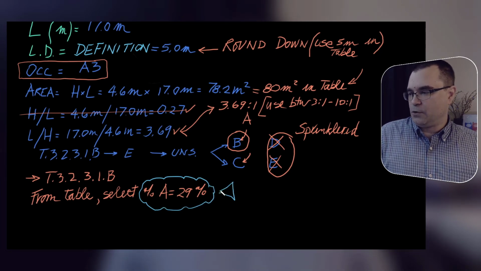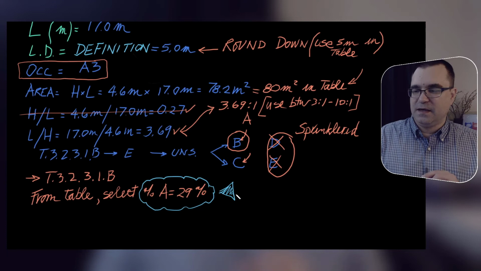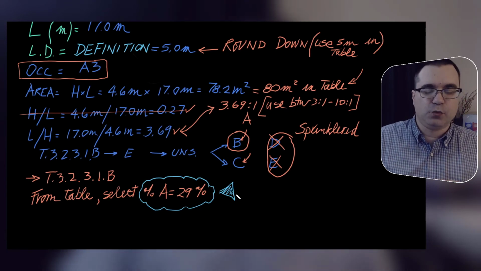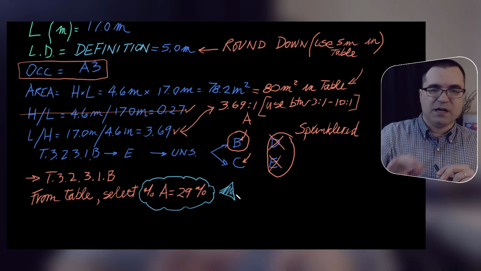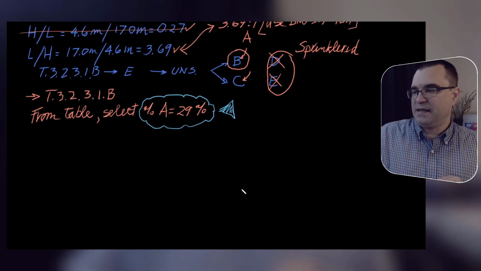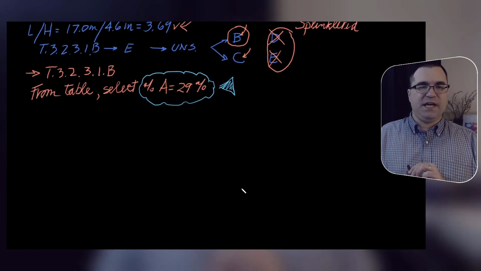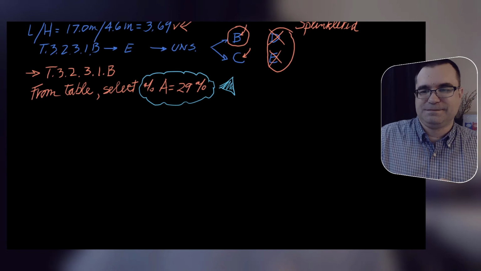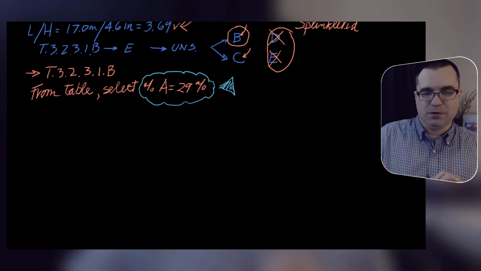So, now we're not quite finished for the north face yet. The final thing we have to do is figure out what the construction requirements are of that north face. And the construction requirements are obtained from the table. Remember, that was the 5th table, table 3.2.3.7.